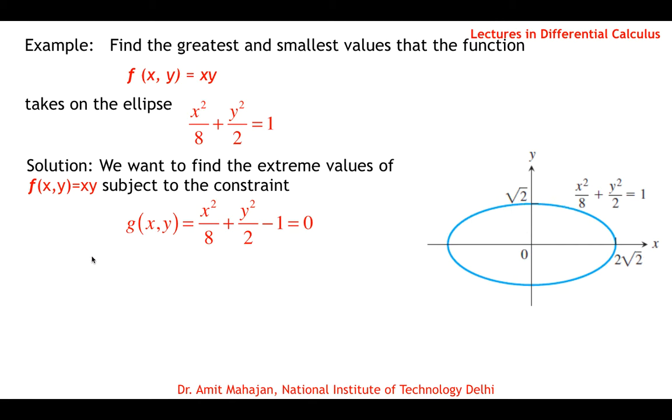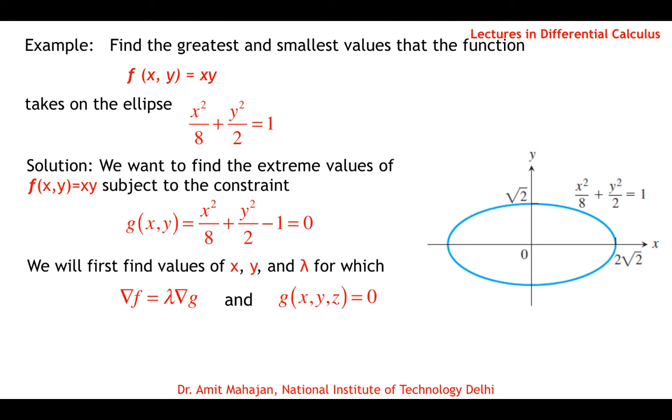The method of Lagrangian multipliers says that we have to find the values x, y and lambda for which the normal to this is parallel to the normal to this, that means del f equals lambda times del g, together with the constraint condition.